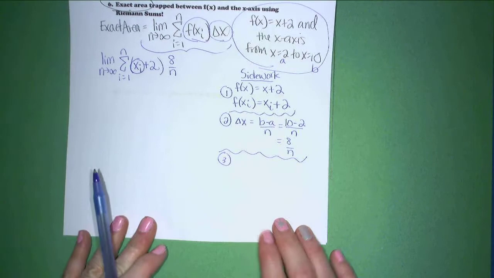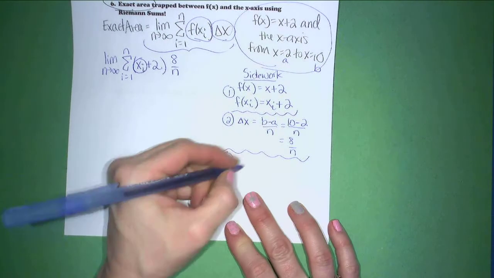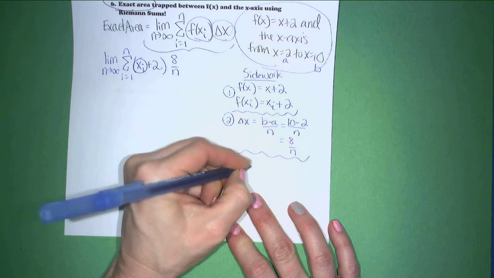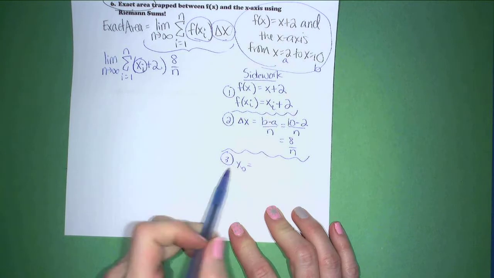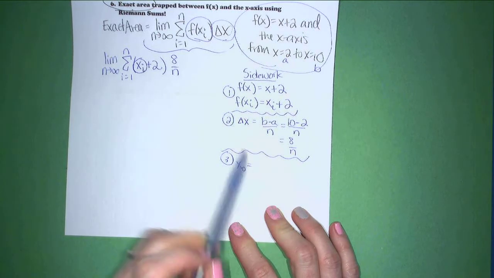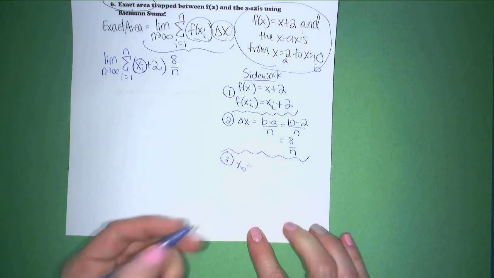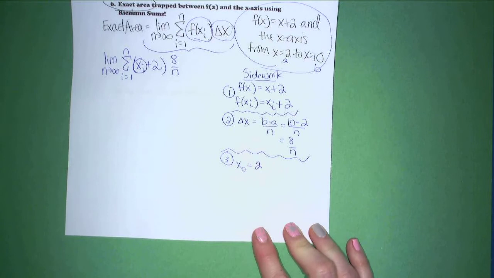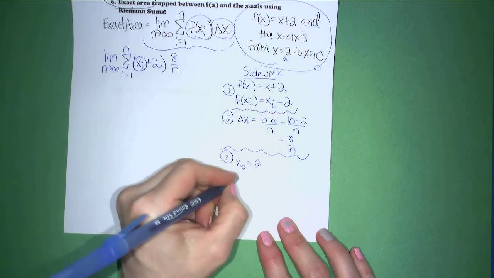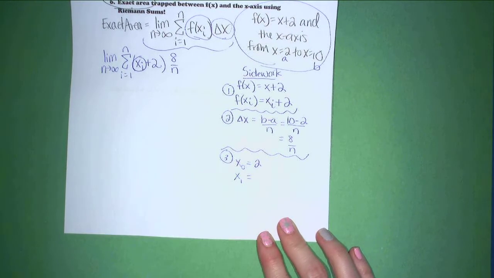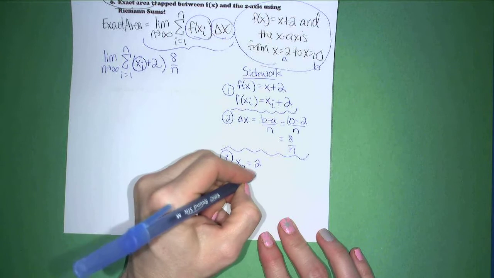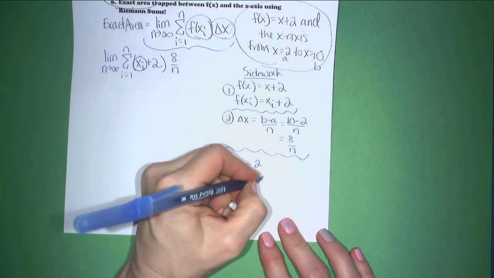So let's start with x sub 0. x sub 0 is your initial x value. For us, in this example, our initial x value is 2. So x sub 0 is 2. Now, to get to the next x value, x sub 1, we simply take our initial x value and add a delta x.